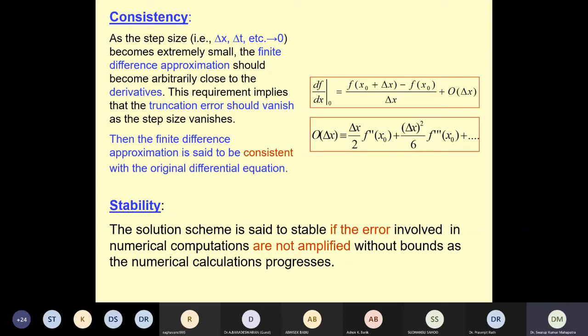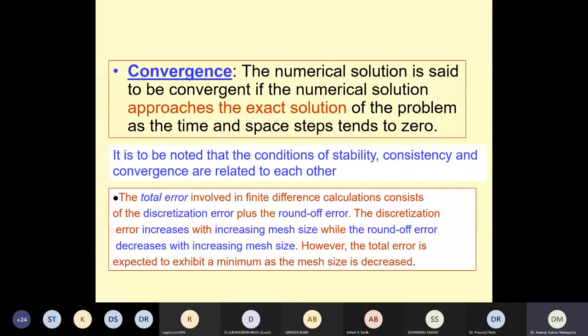Similarly, stability: if the error involved in the numerical computation is not getting amplified, then we say that is a stable scheme. And convergence: a numerical solution is said to be convergent if it approaches the exact solution of the problem as time and space steps tend to zero. So any scheme is subject to stability, consistency and convergence.